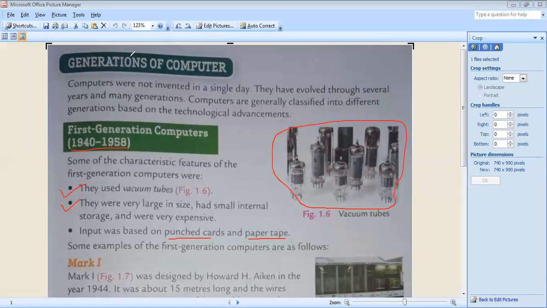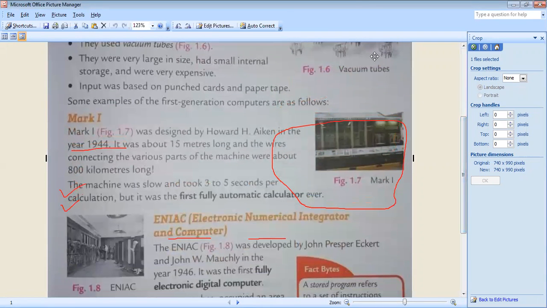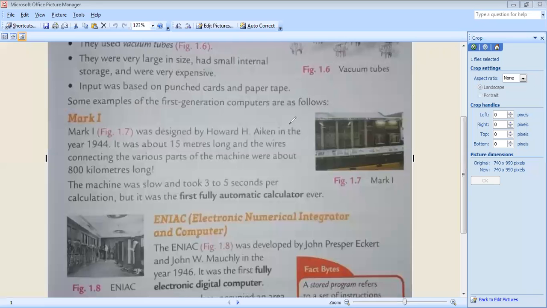Mark 1. You can see the figure of Mark 1 and the size is very large. Mark 1 was designed by Howard H. Aiken in the year 1944.